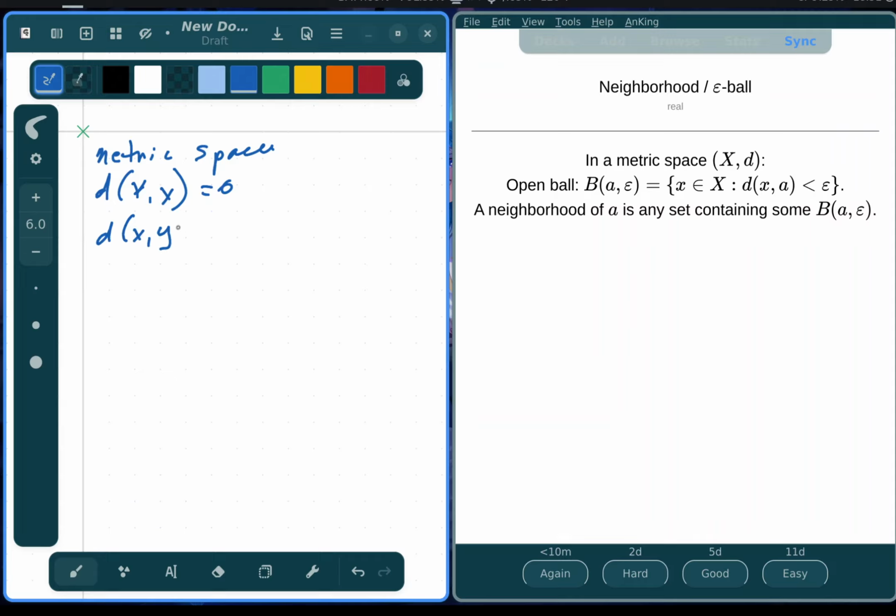D of x,y plus D, you get a symmetry property, and then I think you also get, for x not equal y, and then you get kind of a transitive property.